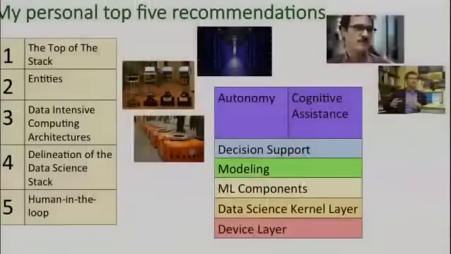Number one, finally, is the top of the stack. And this, I think, is my most pathetic thing, even though it's top of my list. The reason it's my most pathetic is it's very clear we're already all in agreement in this. You see this in the emphasis of action in the concept of data to knowledge to action. For me, and some of the things we're doing at Carnegie Mellon, we break this action part into two fairly distinct parts.